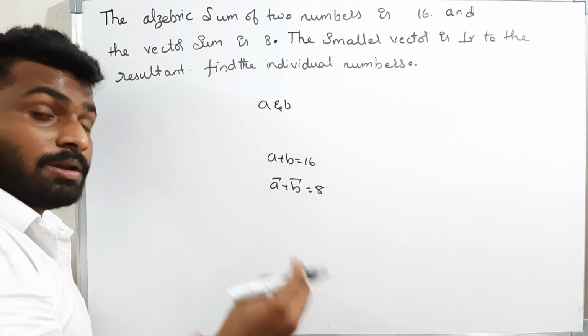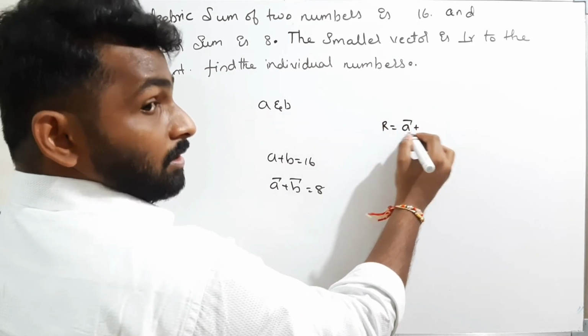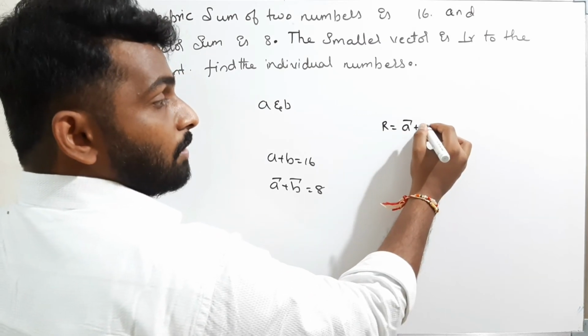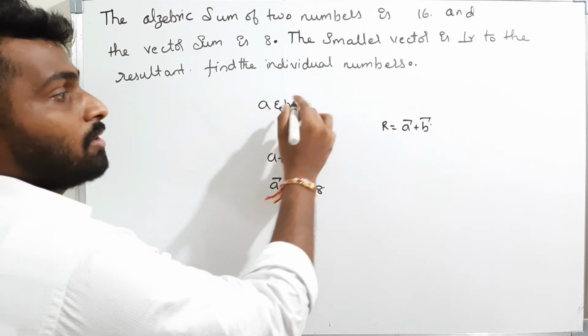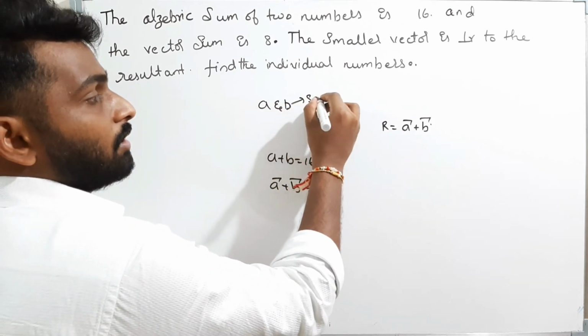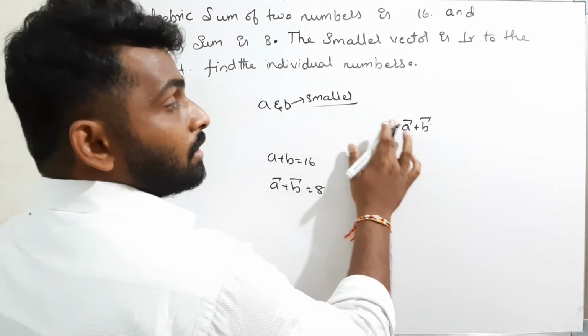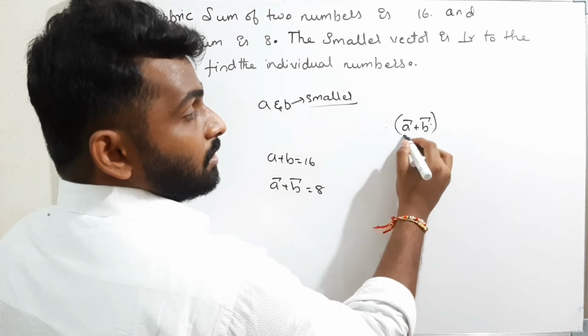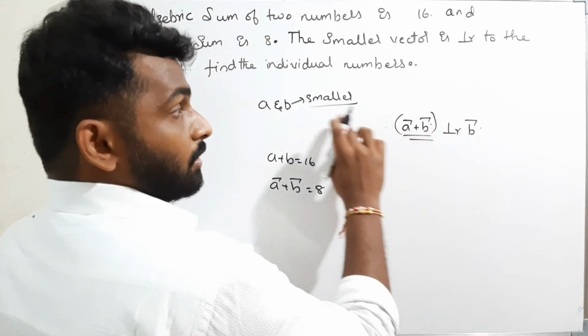The resultant is simply the vector sum, A bar plus B bar. I am assuming B as the smaller vector. They told that this resultant is perpendicular to B bar.